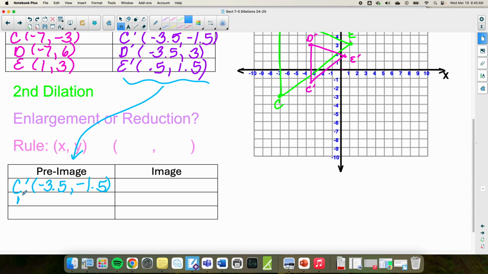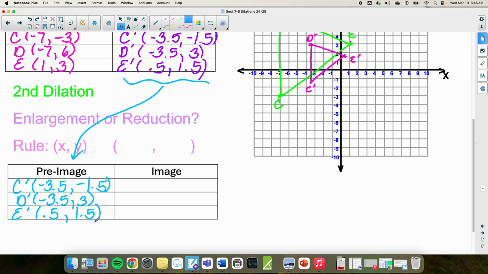That D prime is -3.5, 3, and E prime is 0.5, 1.5.